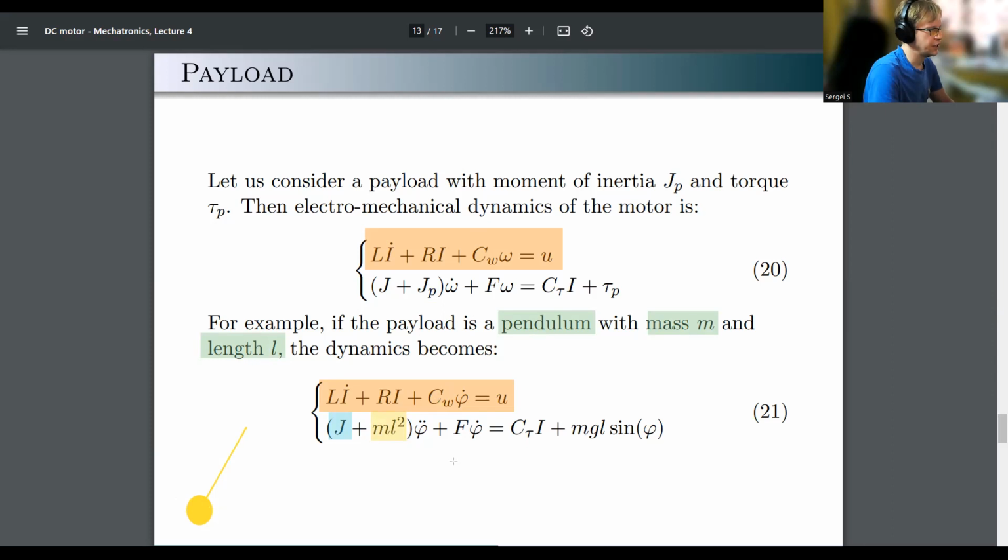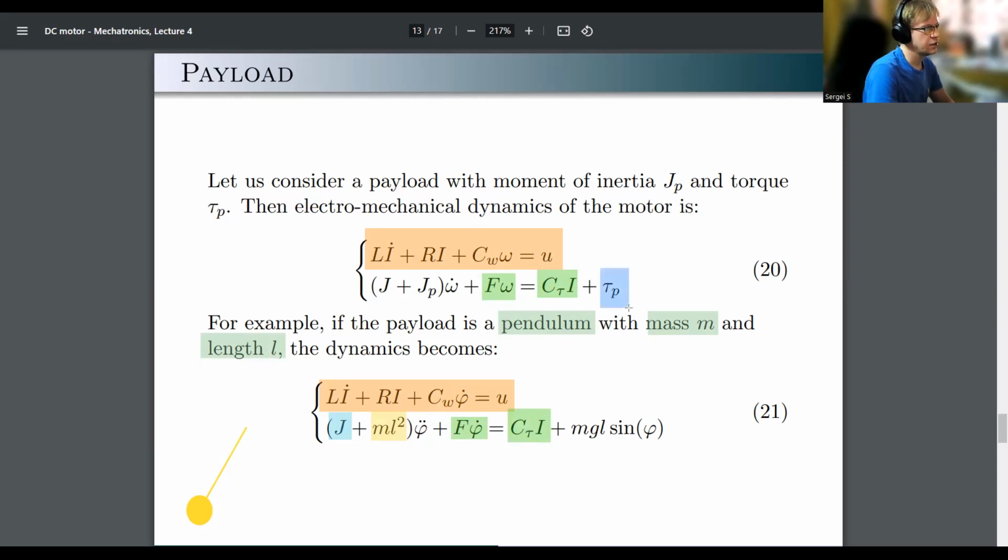Now next we have the exact same friction, and the exact same torque produced by the motor, which is proportional to the current.